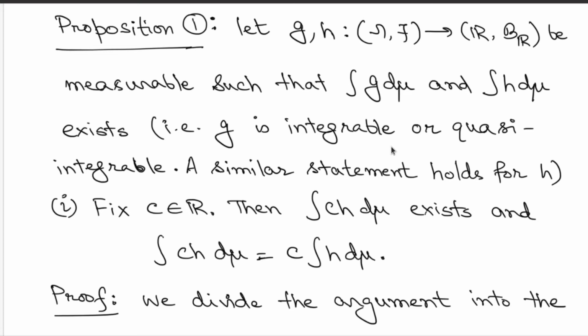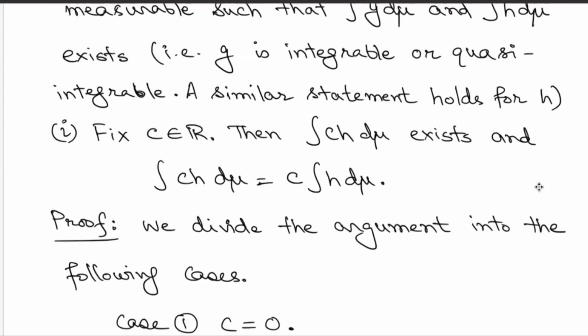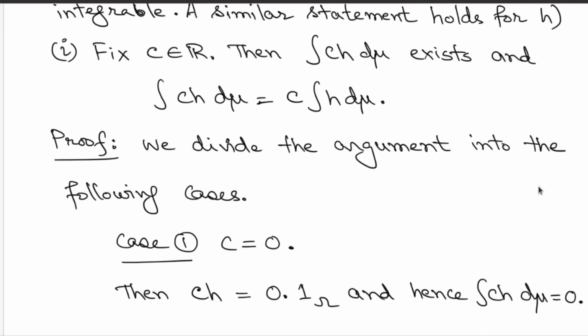Otherwise, if g is quasi-integrable, even then the integral exists, but it takes the value plus infinity or minus infinity. A similar statement you can make for the function h. With that at hand, let's try to move on and prove certain nice properties. The first property is about scalar multiplication.